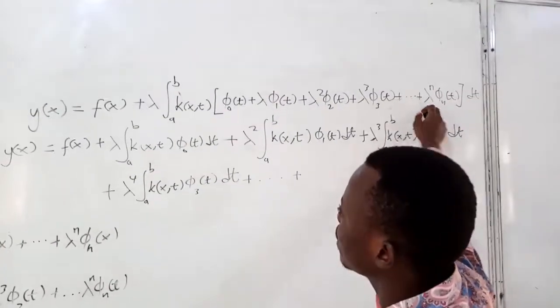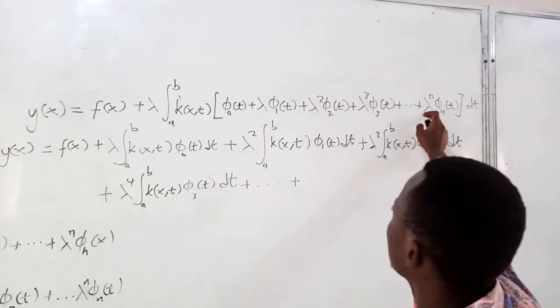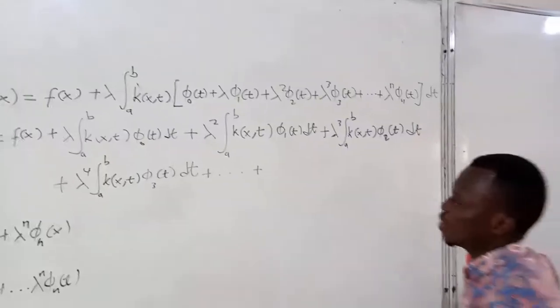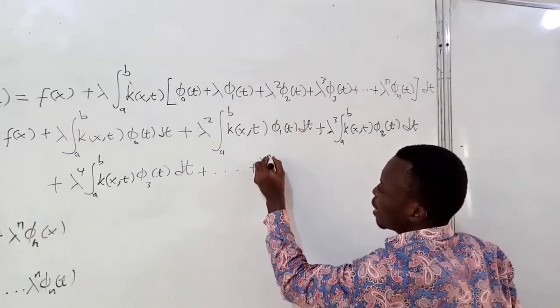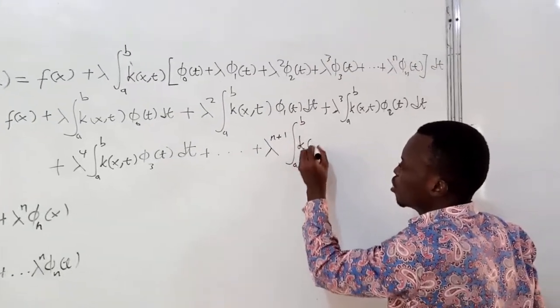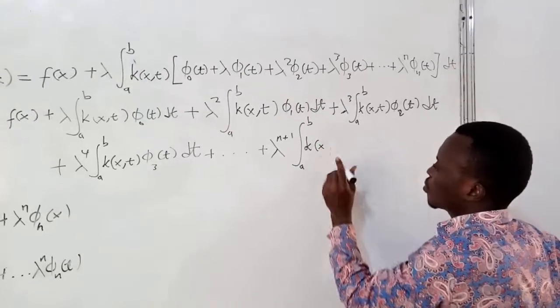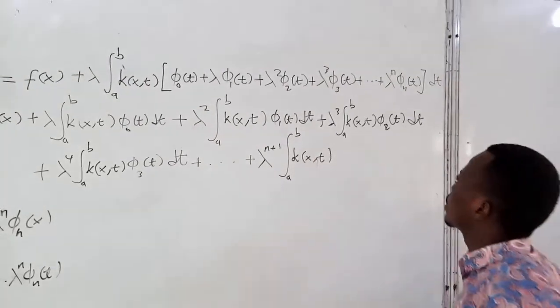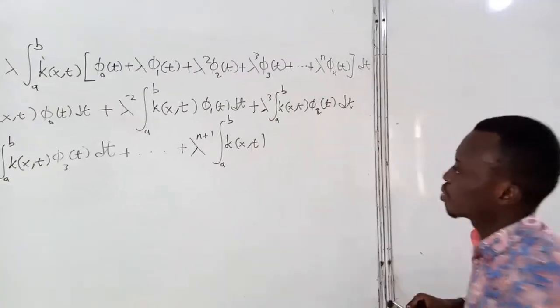Since we are multiplying, we need to add the powers. So we're going to have lambda raised to the power n plus 1 integral from a to b, the same kernel K of s,t, then phi n of t dt.